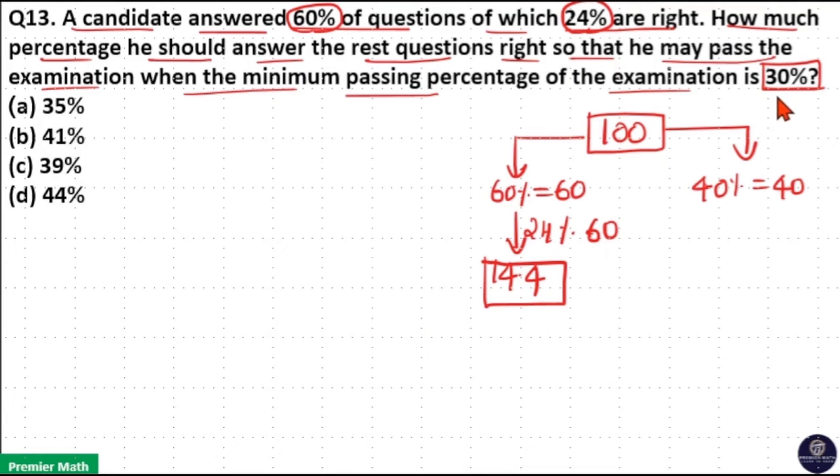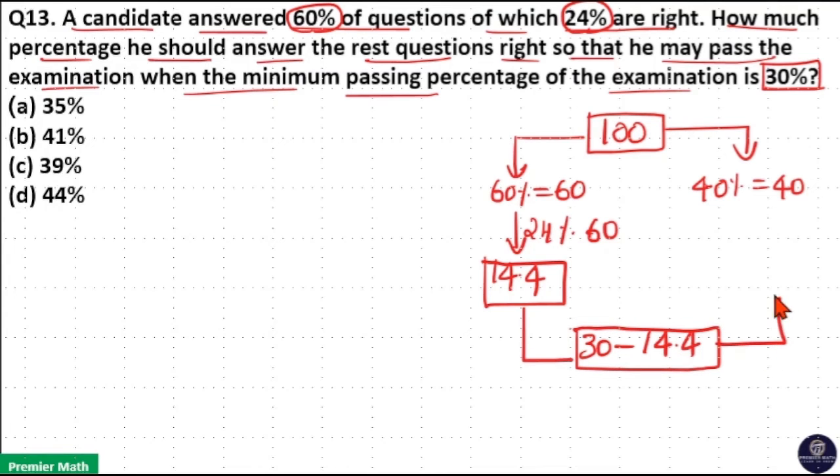But he needs to correct 30 questions because passing percentage is 30%. So here 30 minus 14.4 is equal to 15.6. So he needs to correct 15.6 out of this 40 questions.